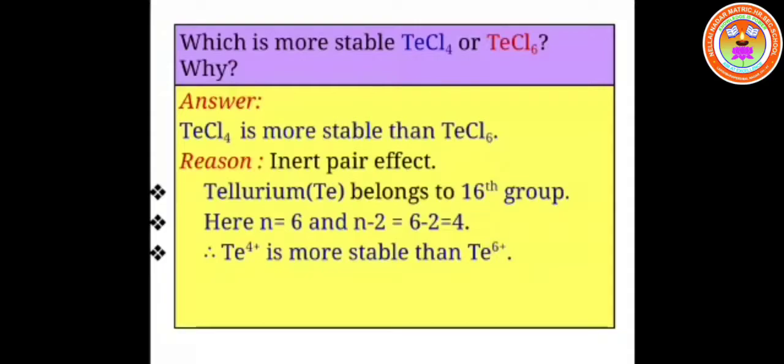In tellurium tetrachloride, the oxidation number of tellurium is +4. In tellurium hexachloride, the oxidation number is +6. So +4 is preferred over +6. Therefore, tellurium tetrachloride is more stable than tellurium hexachloride. Okay, children, the reason is the inert pair effect.